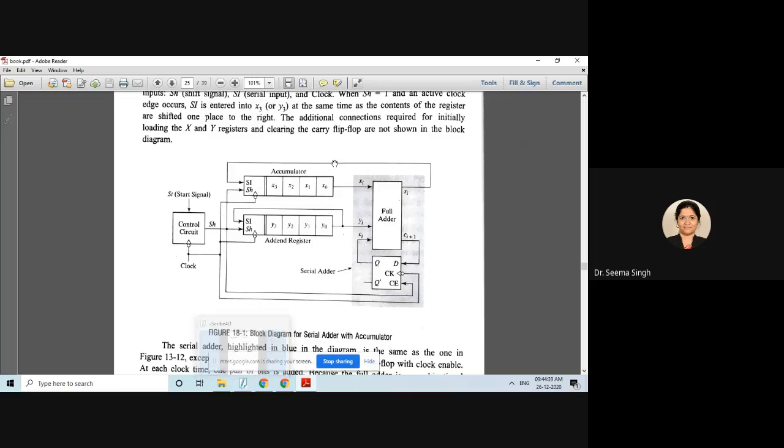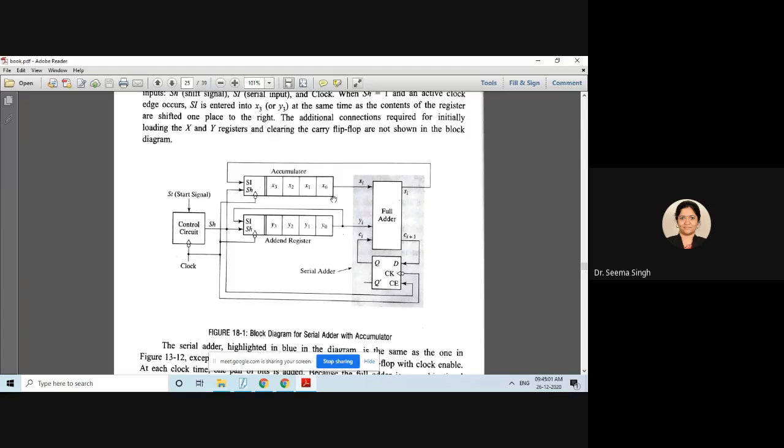And of course, when you are using something in sequence, means one by one, then other combinational circuits are also involved, like accumulator. Accumulator is something which is called a series of registers kept together which can accumulate data.